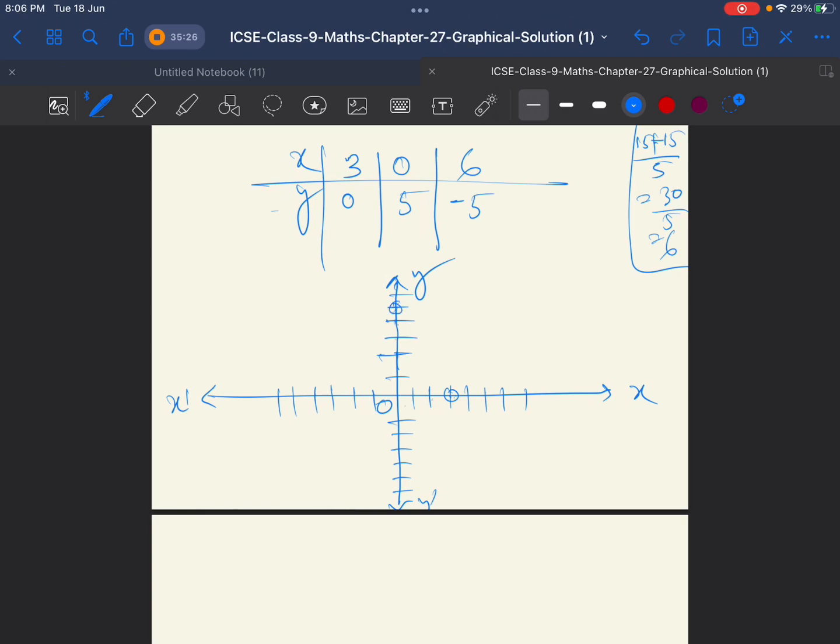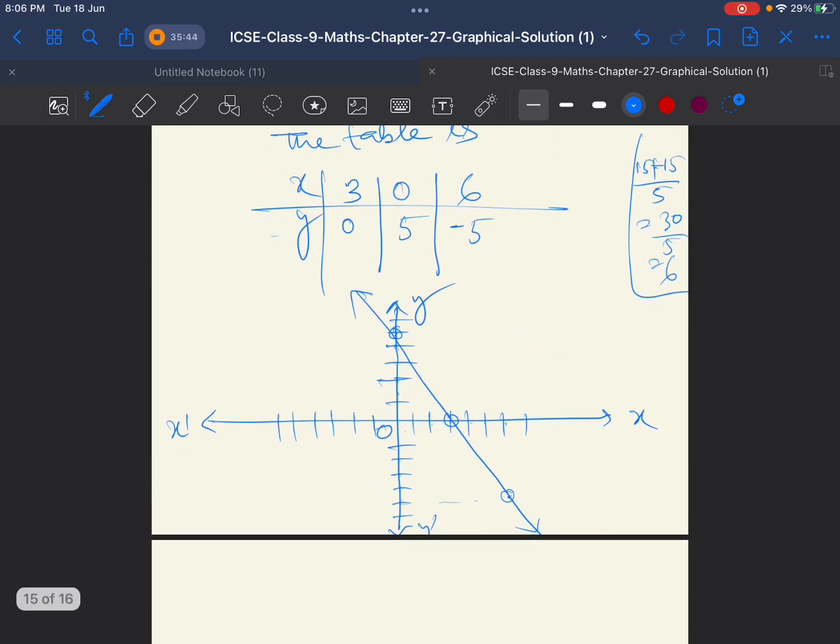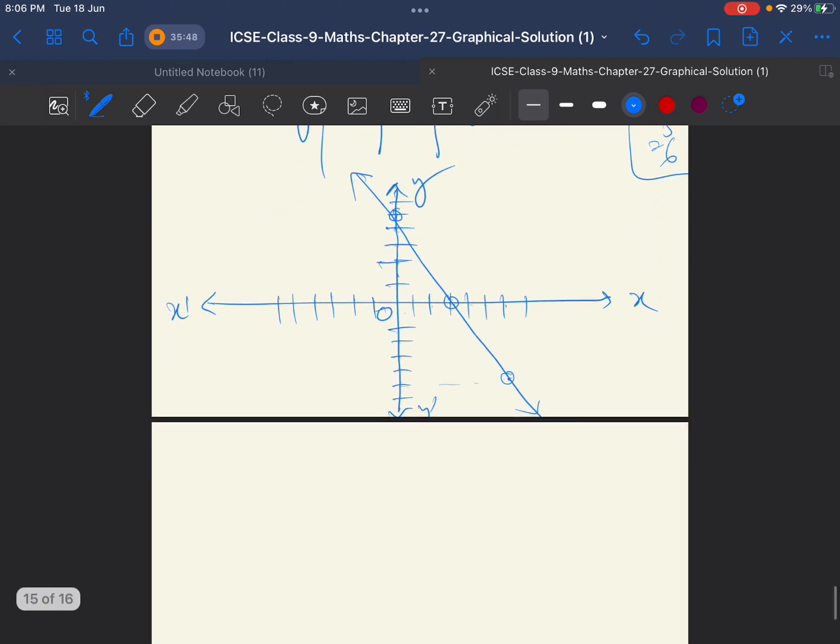So 3, 0, this is here. 0 5, 1 2 3 4 5 here, and 6 minus 5, 1 2 3 4 5 6 and 1 2 3 4 5. So this point will be here. So we draw a straight line. This is the straight line. Okay, so plotting. Now we plot these 3 points in the graph.